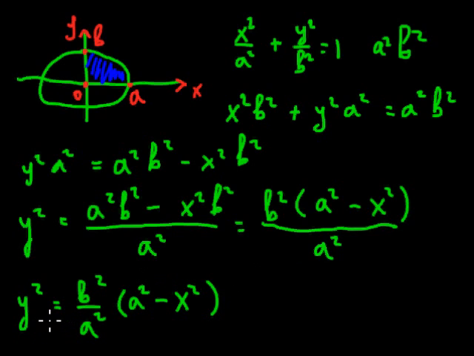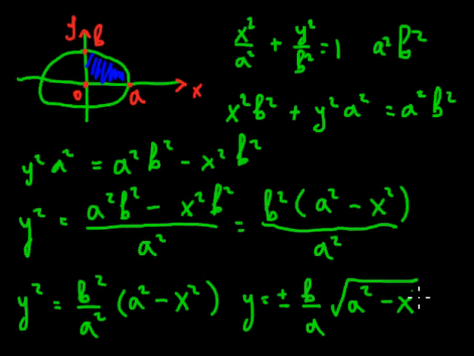Now we need to solve it for y, so we're going to take a square root of both sides, and when you take square root of even power, we need to put plus minus. And when you take square root of this side, square root of this part becomes b over a, and square root of this part is just square root of this a squared minus x squared.